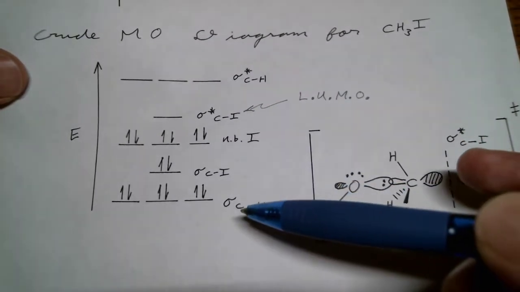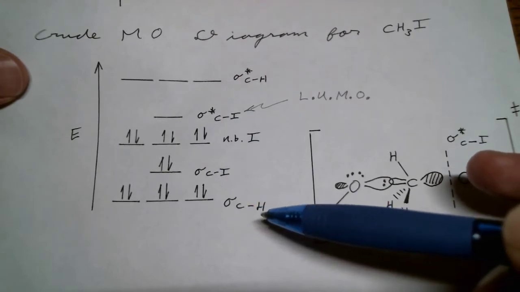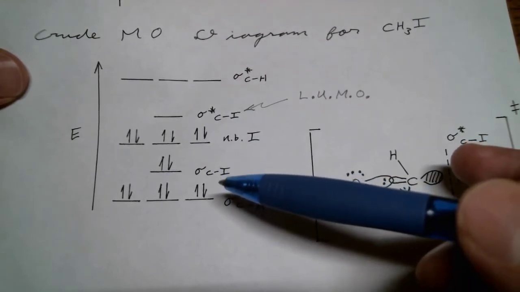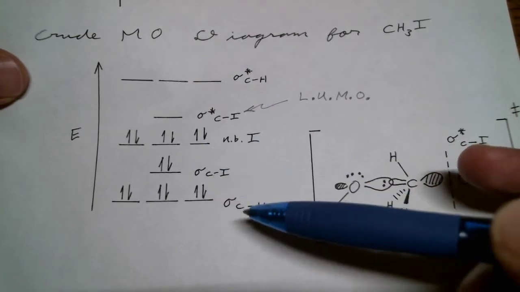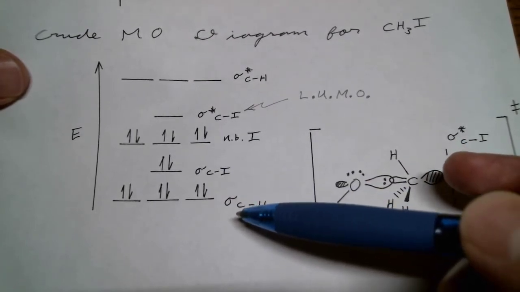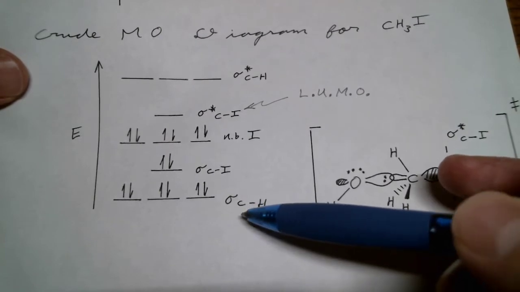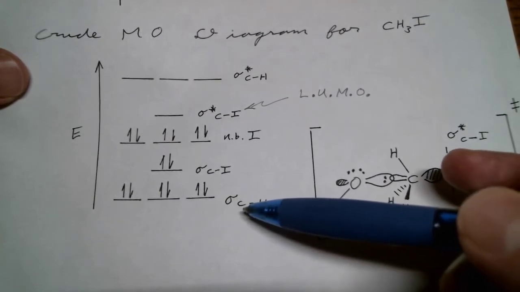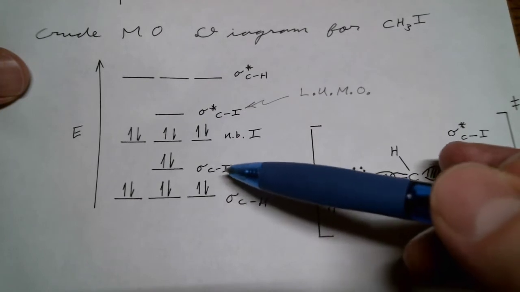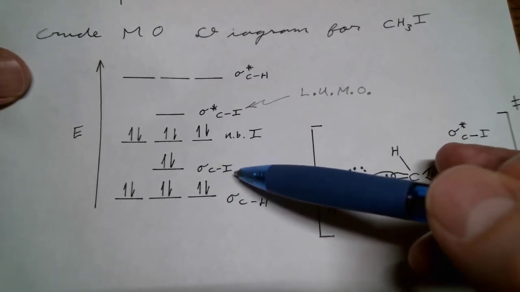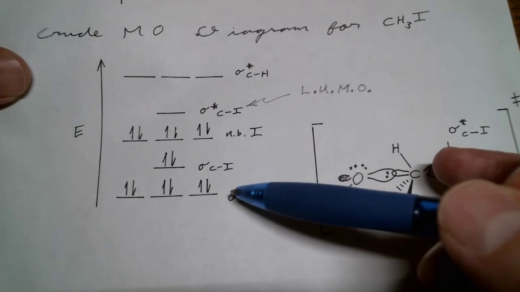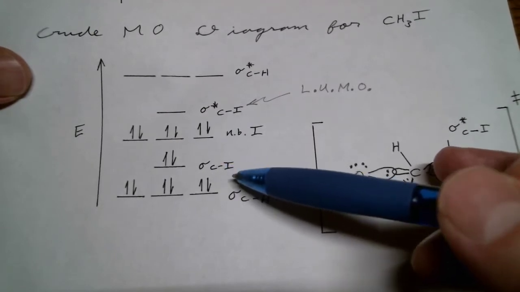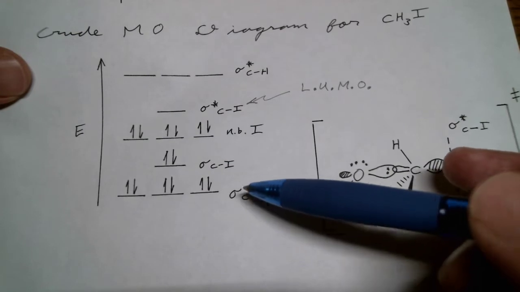Carbon sp3 and 1s combinations are much lower in energy than carbon sp3 with iodine, which is using a 5p atomic orbital, so that's a higher energy combination, right?